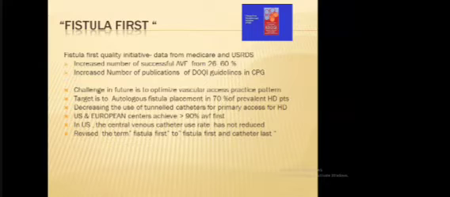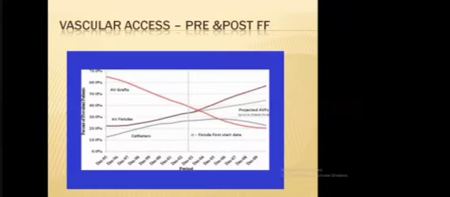It also shows that in the US, the usage rate of central venous catheters has reduced, and the term has gone from fistula first to fistula first and catheter last. This graph shows from December 2003 onwards the Fistula First start date, and then the AV fistula graph shows increasing usage of AV fistula from 2003 onwards.